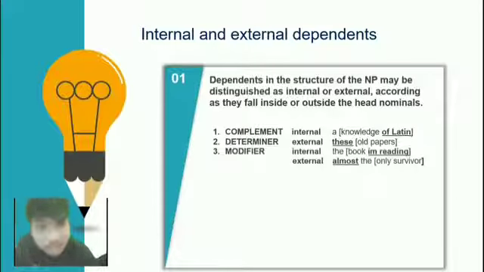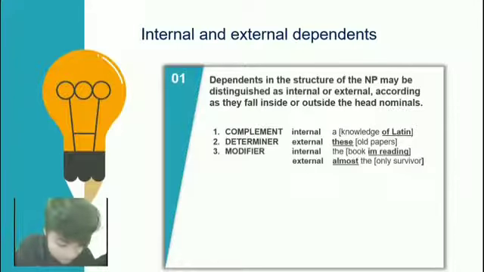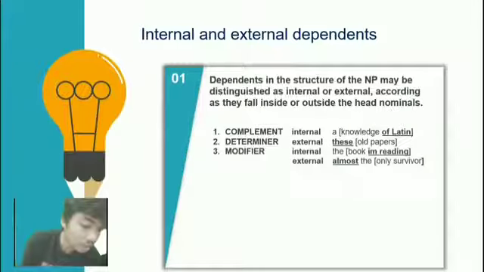And next, internal and external dependence. Dependents in the structure of the noun phrase may be distinguished as internal or external according to whether they fall inside or outside the head nominal. There are three things. First is complement, which is internal. The example is knowledge of Latin. The next is the determiner, which is external.